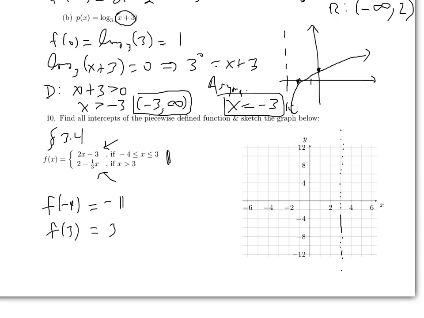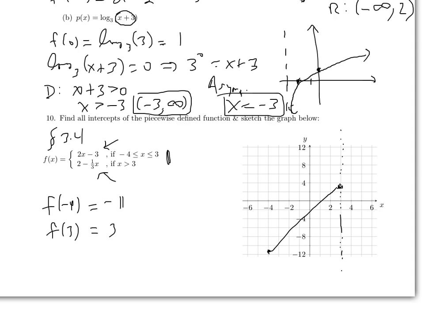So at -4, -11, somewhere in there. And at 3, 3, so 3, 3 is about here. I'll have it like that. I draw sort of exaggerated dots on the ends because those are included. -4 is included in here, and 3 is included in here. So that's what the left side looks like.